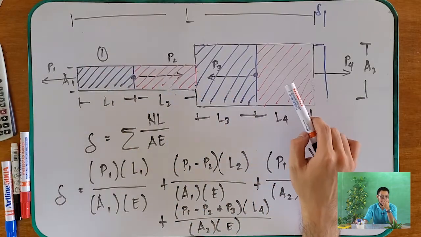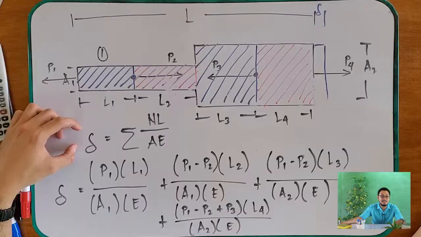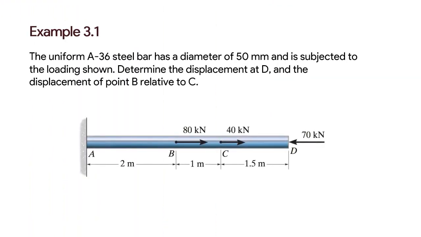So that is how to do it: if you have many loads on the beam, and the cross-sectional area changes at a certain segment, then you should use the summation of NL over AE. Okay? So, let's have an example. I have here a cantilever beam with axial loads applied of 70, 40, and 80.